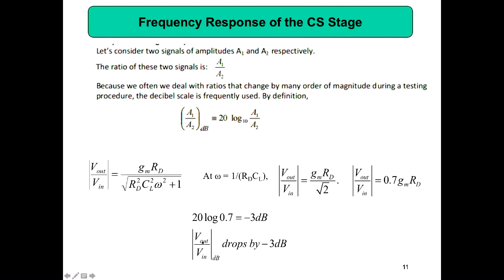So V out by V in in dB drops by 3 dB at omega equal to 1 by RD into CL. You know what I meant? It is actually gm RD by root 2, 0.7 gm RD, that is the actual reduction in value, meaning it became 70%. But when you take the logarithmic value, that is minus 3 dB. That is the reason the minus 3 dB comes into the picture when you talk about bandwidth.